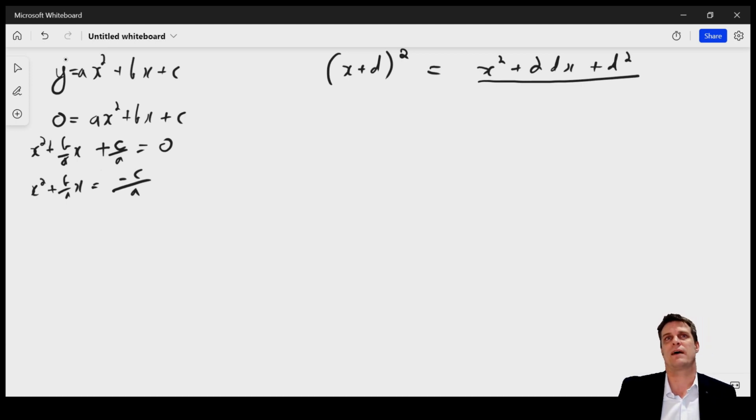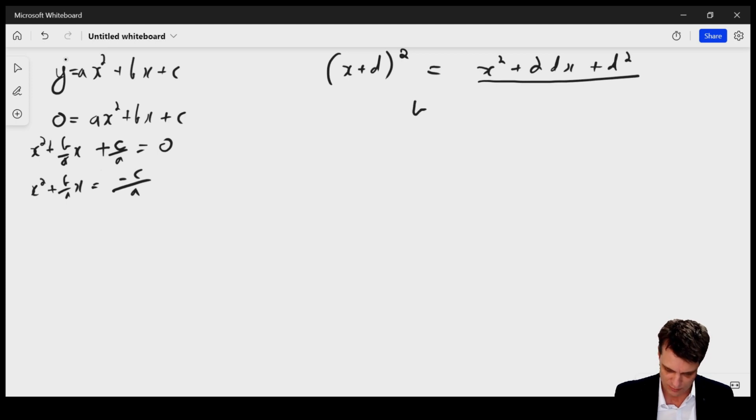So if we have a look at what we have at the moment, we have x squared plus b on a x. What we really would love to do is break that down into something that looks a lot like x plus d squared. So if we look at the part next to the x, we want that to be 2d. So let's write that over here.